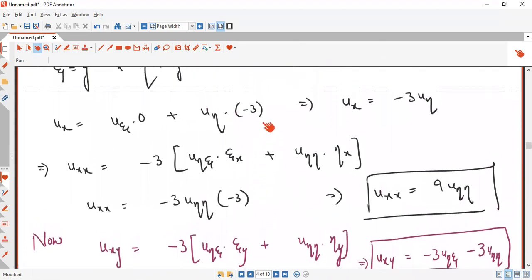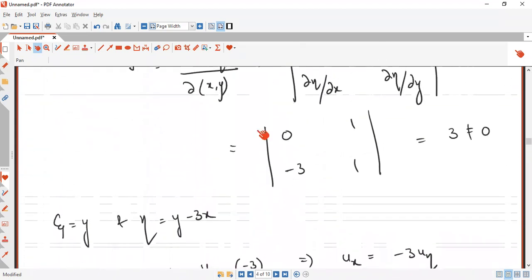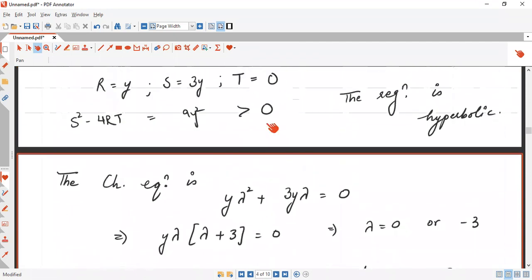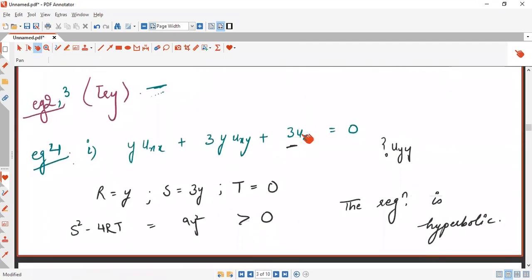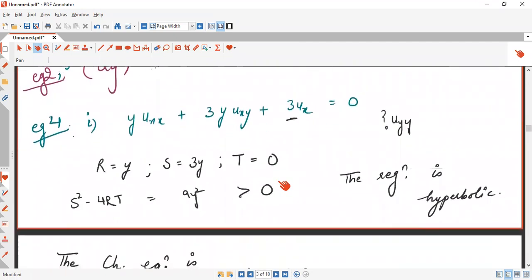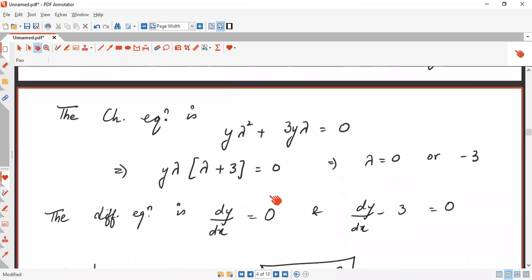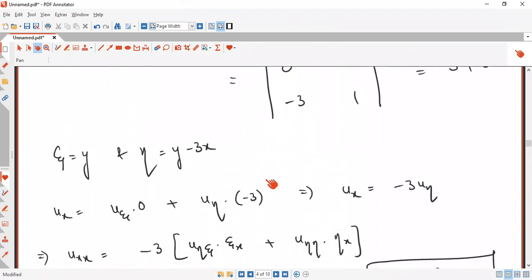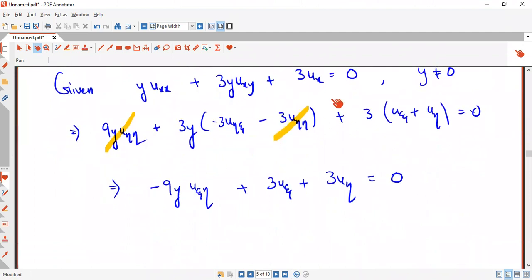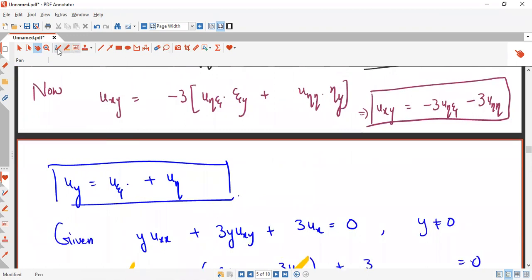Maybe I missed something here. UX. I think UX was there. Okay, I have written it. UX is there. So there's no need for this. We just simply need UX, right?